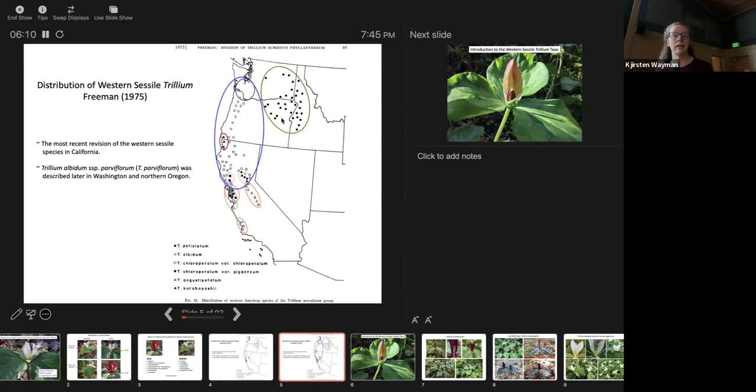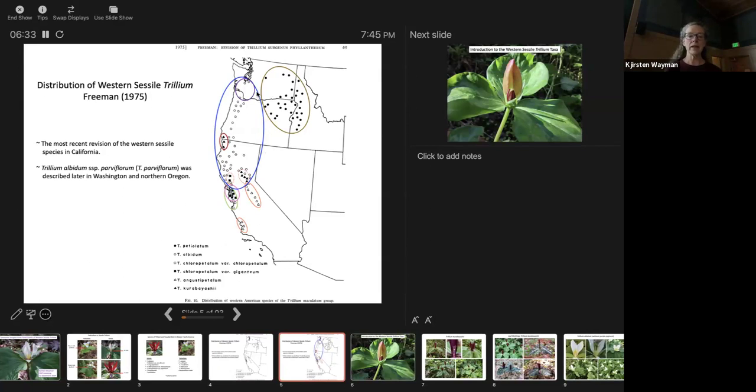Trillium petiolatum occurs in Idaho, Washington, and Oregon. Trillium albidum, here in the large blue circle, occupies the largest geographic range, and it extends all the way up into Washington, down towards the Bay Area, and then over to the Sierra Nevada foothills. So it has quite a range.